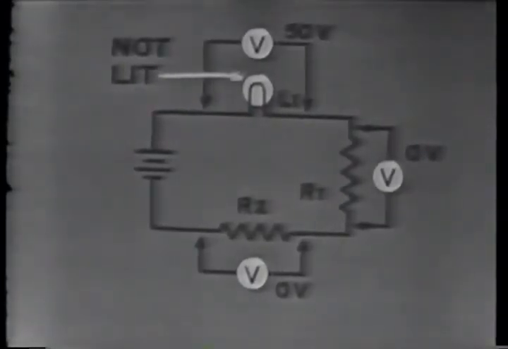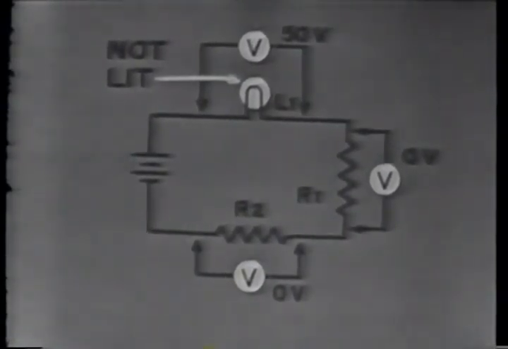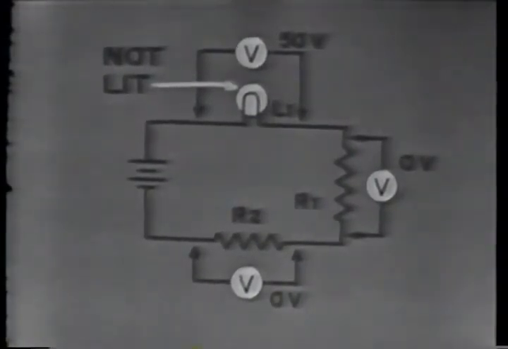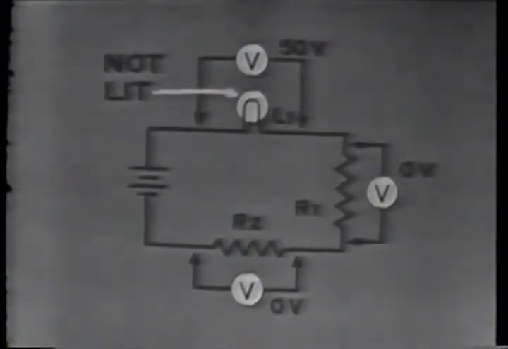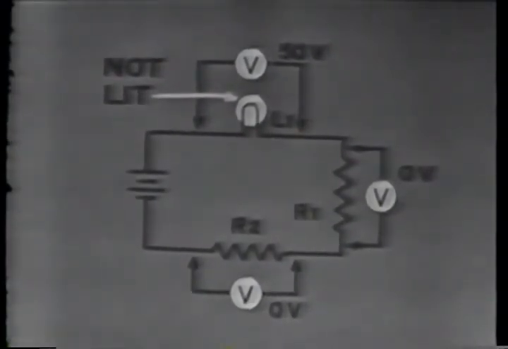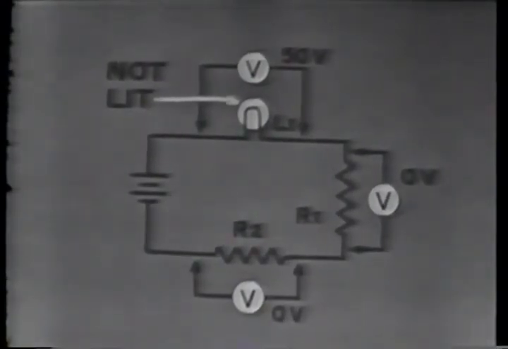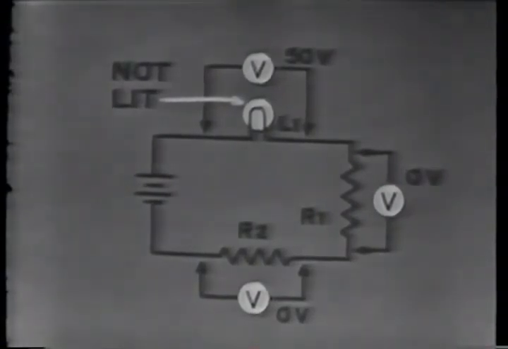With no current in this circuit, there could not be any voltage drop across R1 and R2. Then an open could cause no voltage across these resistors. Or, if both resistors were shorted, this would also explain the lack of voltage across them.